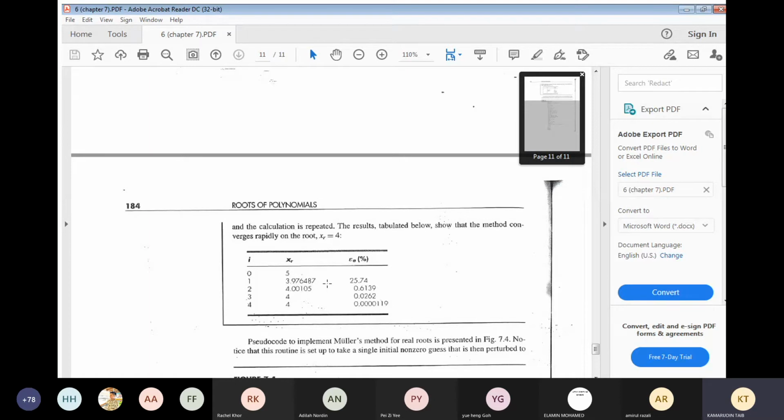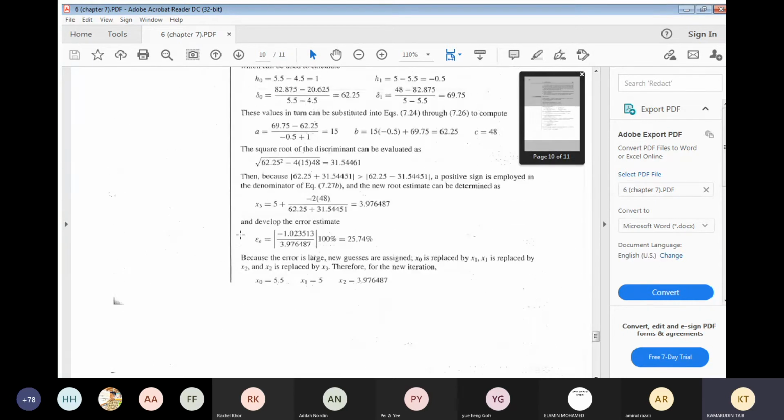So that is how the Muller method is done to find the root of the polynomial.